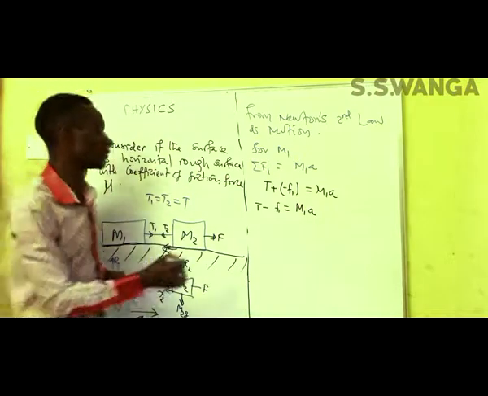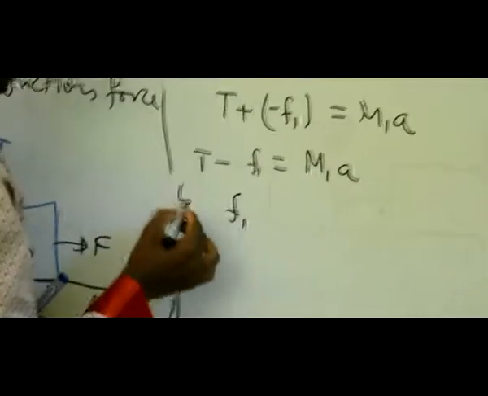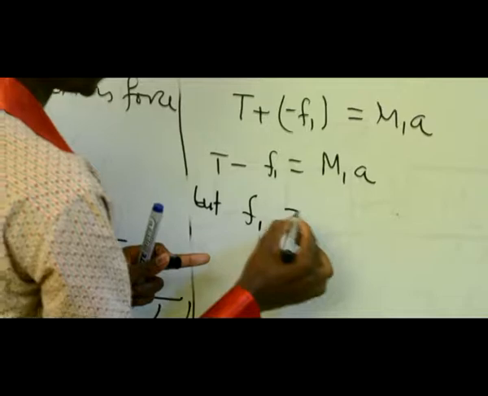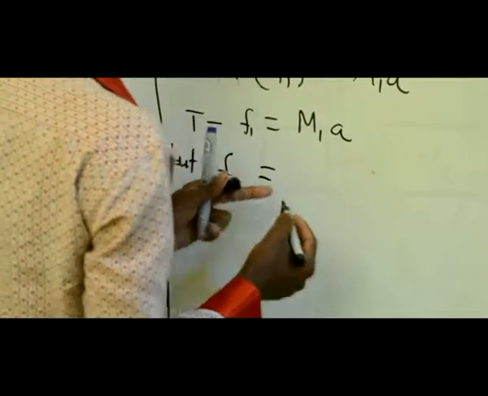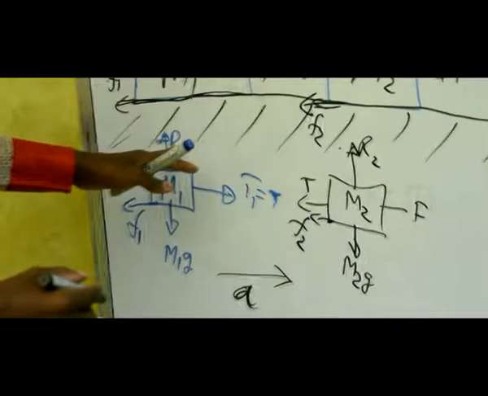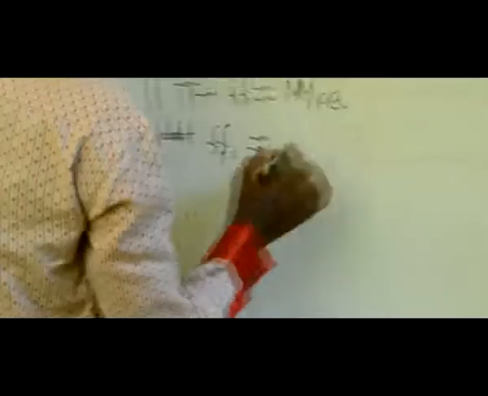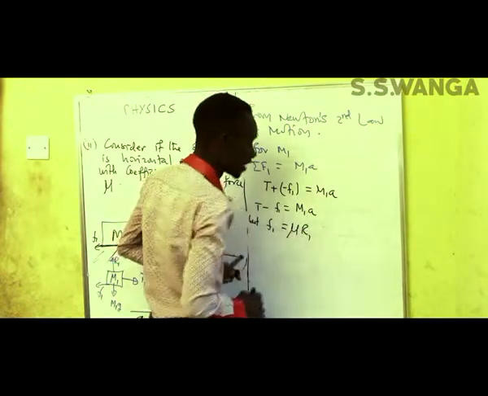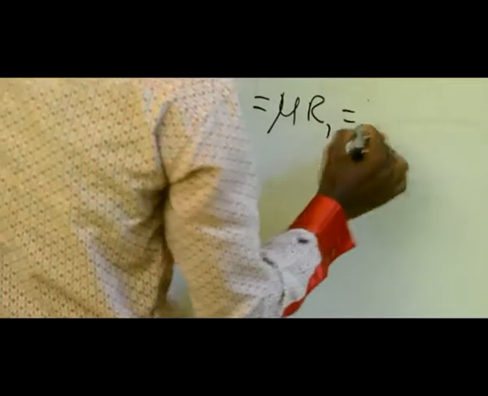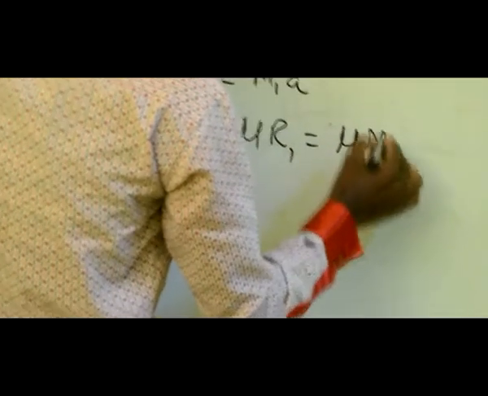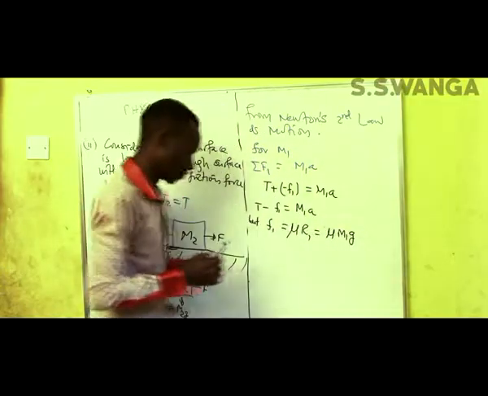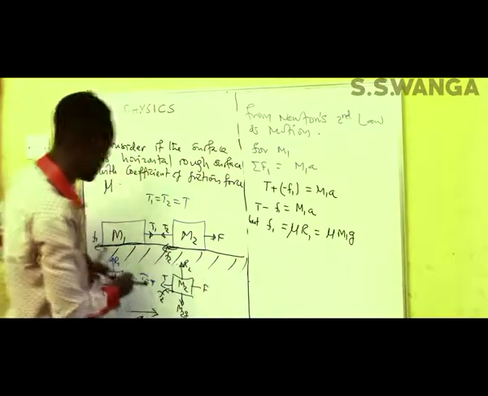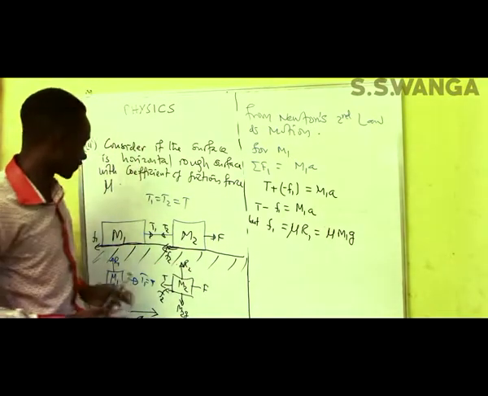But friction force F1 is given by the coefficient of friction force times normal reaction R1, which is mu times m1 times g, because the normal reaction is balanced by the weight of the body.